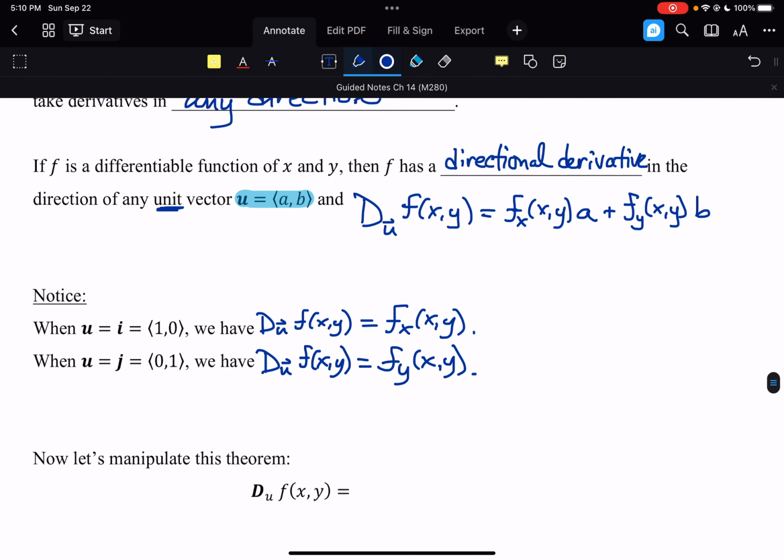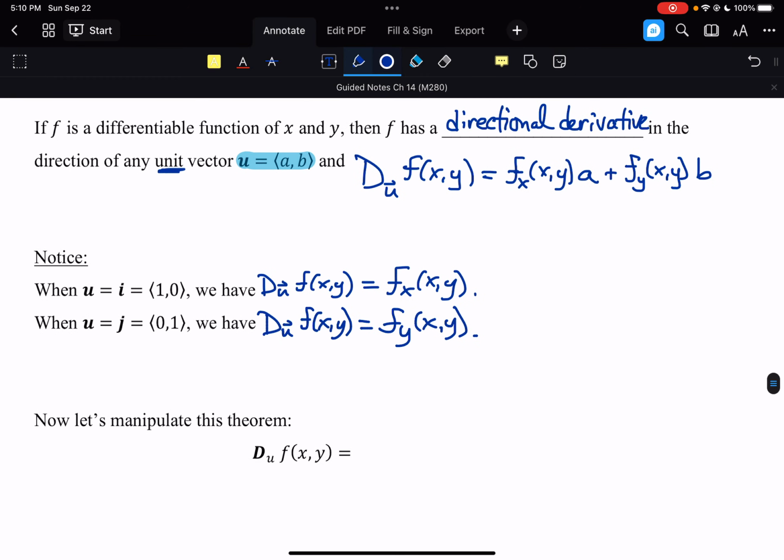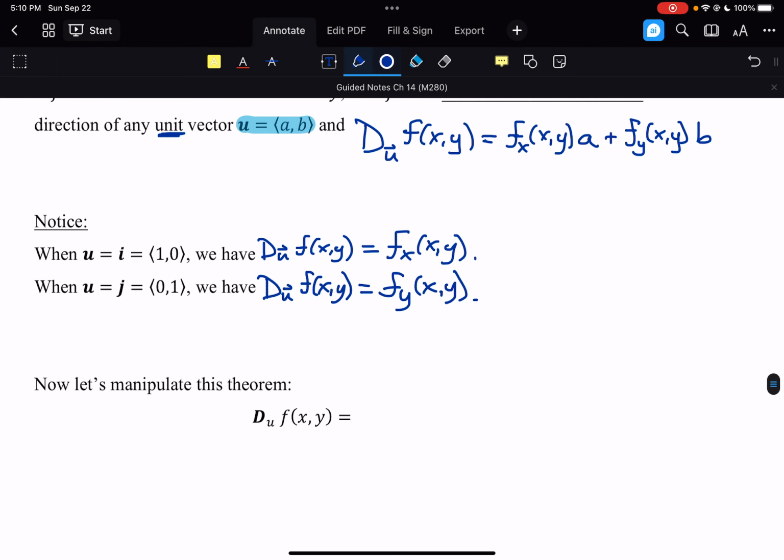So this tracks with the partial derivatives that we know already. Now, let's play around with this theorem a little bit, to try to get this into a form that looks a little more familiar, like something that we have worked with before. So the directional derivative is fx of xy times a plus fy of xy times b.